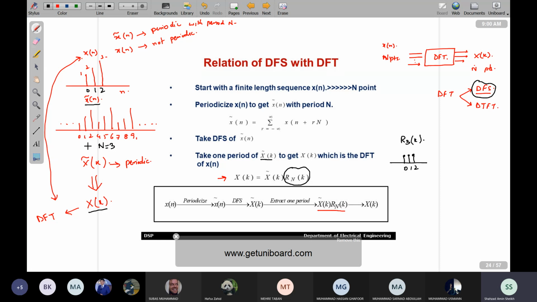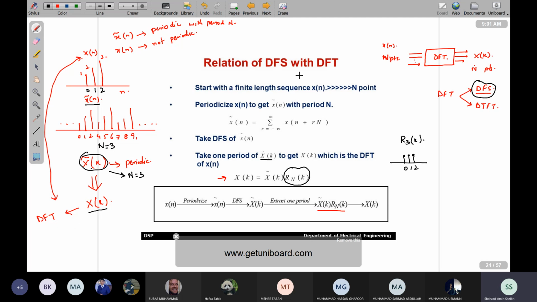That is being multiplied with this. As a result of that we had a periodic sequence. When this is multiplied with this, because that would be with period 3 as well, x tilde of k also has period 3. This x tilde of k will be multiplied with this R3 of k, and as a result you will get just one period of that, which is x of k, and that is your DFT.